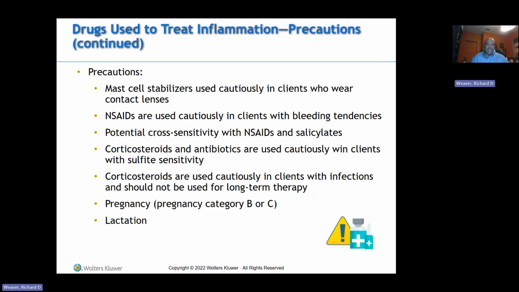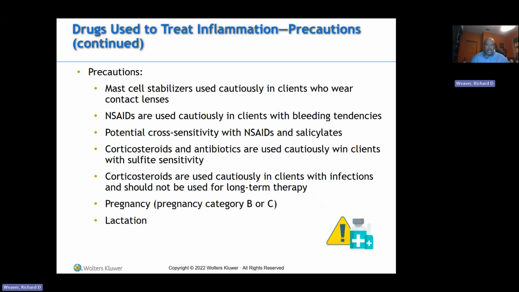That's because salicylates and NSAIDs have similar properties or structural makeup. They're similar in nature, and therefore it is possible that there can be cross sensitivity reactions or an allergic reaction.